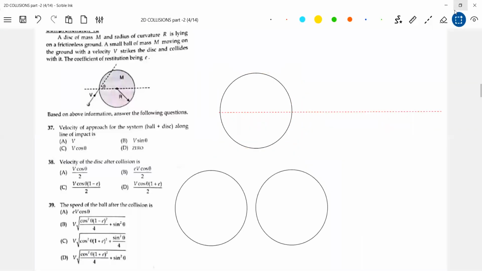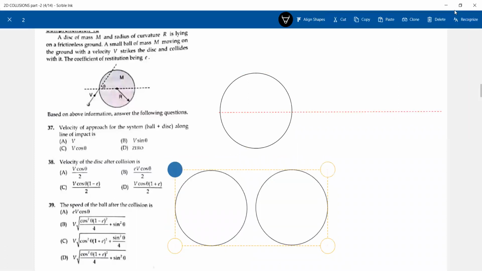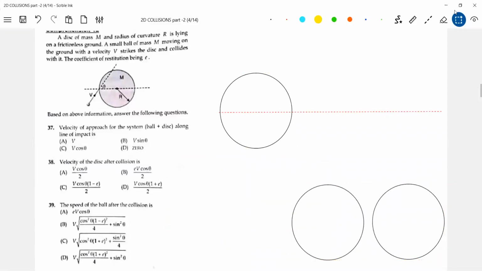There is a particle. It is approaching. So this is the theta.